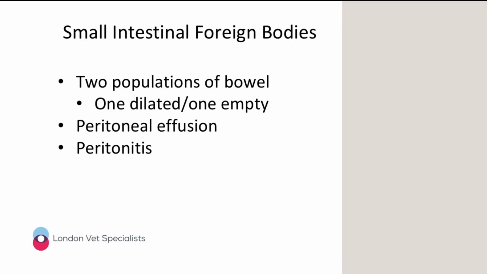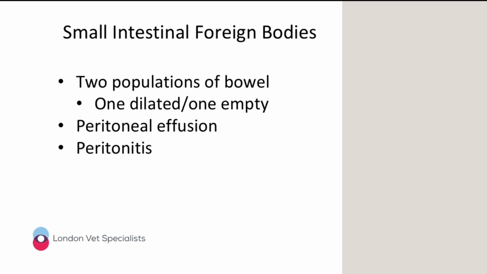If you see two distinct populations of small bowel, one dilated, one empty, that's a good reason to be very suspicious that there's something sinister going on, and that patient might have a mechanical ileus, an obstruction, a foreign body that needs some attention. As well as two populations of small bowel, depending on how long the obstruction has gone on for will depend on the other changes that you're likely to see associated with that.